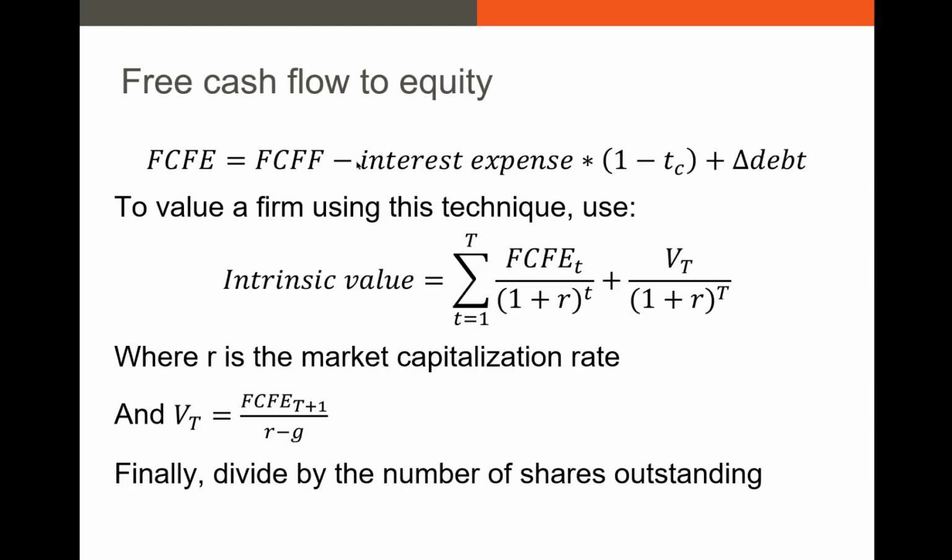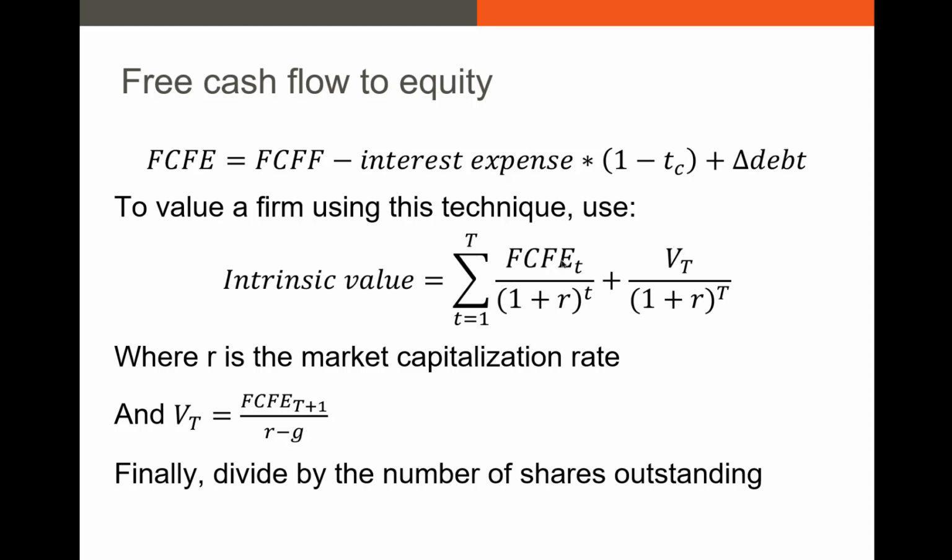There are a lot of other equations out there for free cash flows to the firm and FCFE. Another one I have is right here. So FCFE is equal to FCFF minus interest expense times 1 minus our corporate tax rate plus the increase in debt. Ultimately, we just plug in these FCFEs and use them the same way we were using the FCFFs.